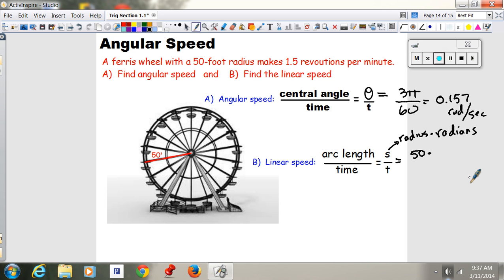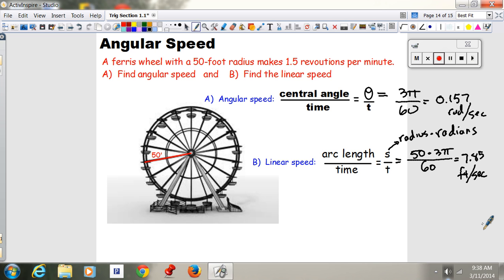I just learned it in point A up here. It's 3 pi. So 50 times 3 pi, and we're going to divide that by 60 seconds, which is what it takes to get there. If you multiply these two and divide by 60 on your calculator, you'll end up with 7.85 feet per second.